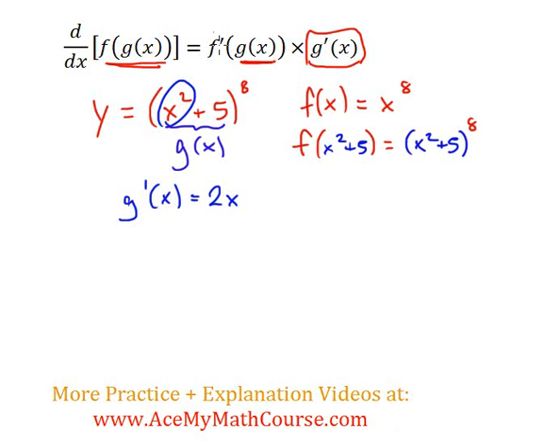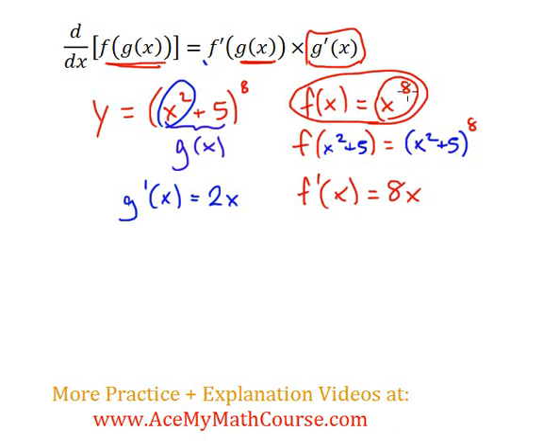Now, we can look for f prime of g of x. And to do that, I'll first find f prime of x. I have f of x here, so f prime of x will be, I take x to the 8, bring down the 8, 8x. Now I subtract a 1 from the 8, I get 7. So 8x to the power of 7. That's f prime of x.